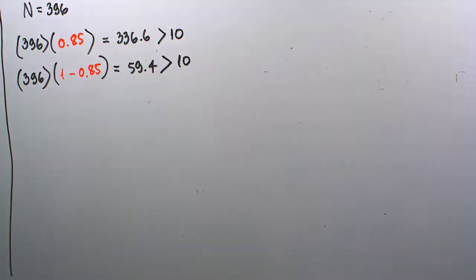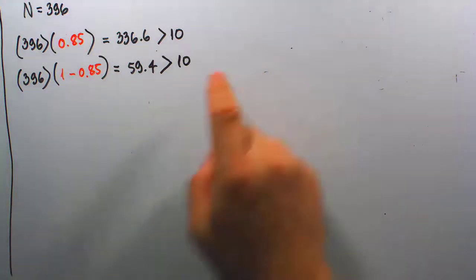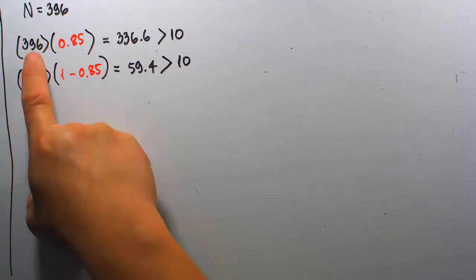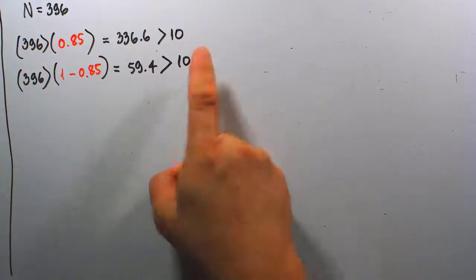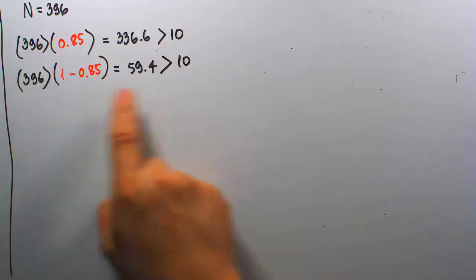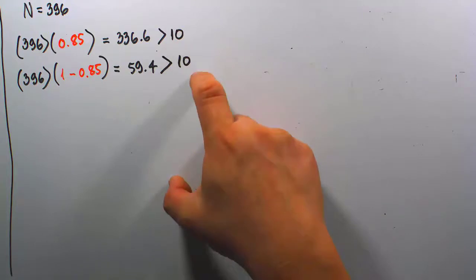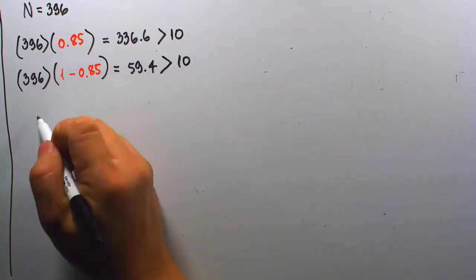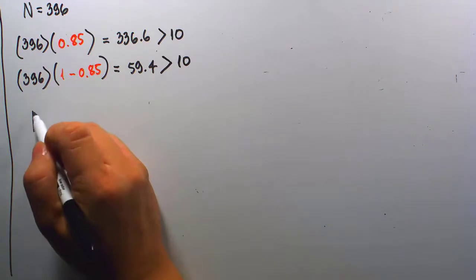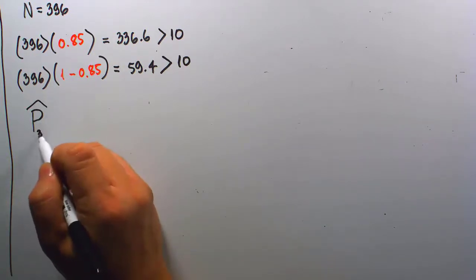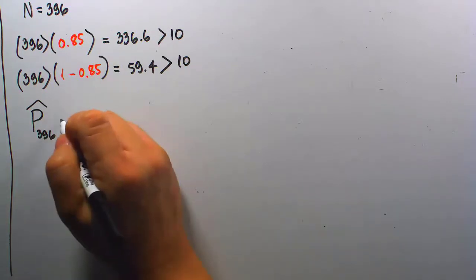And so recall from the central limit theorem that with this sample size, what I've just pointed out is that the sample size we're using has just now passed the 2 requirements for our capital P hat random variable, capital P hat 396, to be successfully on the bell curve.